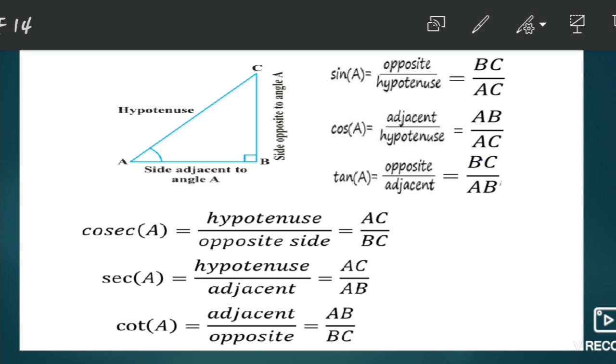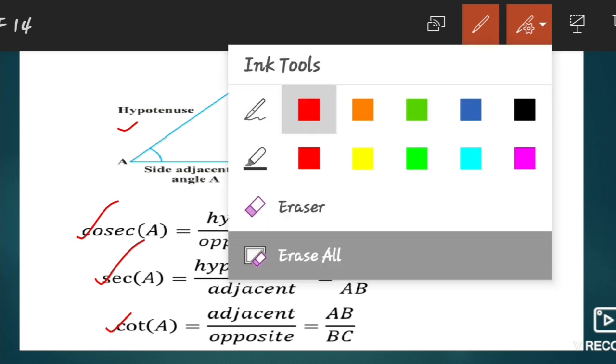In this slide we will discuss the 6 trigonometric ratios. The names of these ratios are sin A, cos A, tan A, cosec A, sec A, cot A. Now what are the ratios of these trigonometric functions? This diagram and the previous diagram are the same, the terms are also the same.